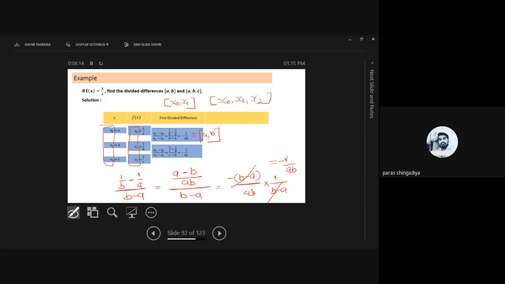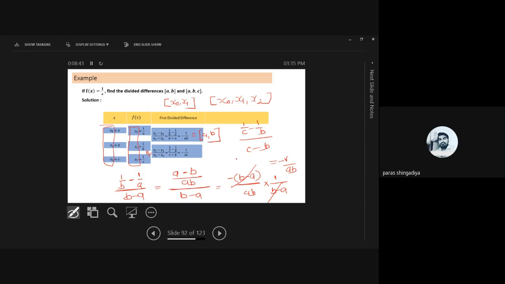Clear? And similarly the second one we can predict, that is the answer of b1. b1 is equal to y2 minus y1 divided by x2 minus x1. So y2 minus y1 is 1 upon c minus 1 upon b. It is a similar form, and here it is the c minus b form: 1 upon c minus 1 upon b divided by c minus b, similar to 1 upon b minus 1 upon a divided by b minus a. So simplify as per that.